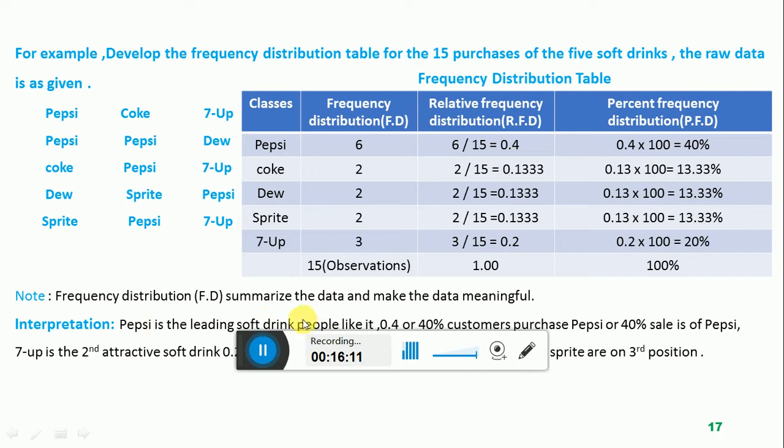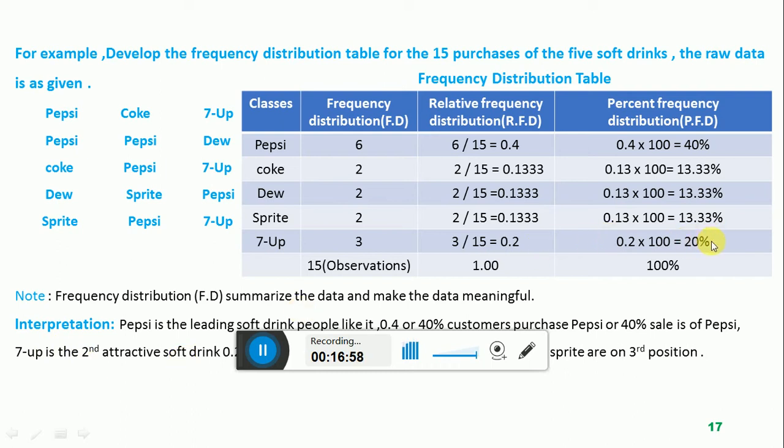Pepsi is the leading soft drink, and people like it. 0.4, or 40%, of customers purchase Pepsi. 40% of our sales are of Pepsi out of the 100% of sales. So from the first class, Pepsi, we can say that 40% of the total sale is Pepsi, and Pepsi is the most attractive soft drink. People like it, and the Pepsi company captures the major share of the market. 7-Up is the second most attractive soft drink.